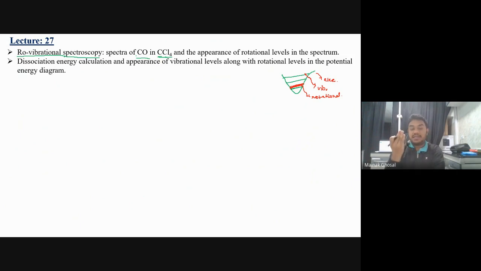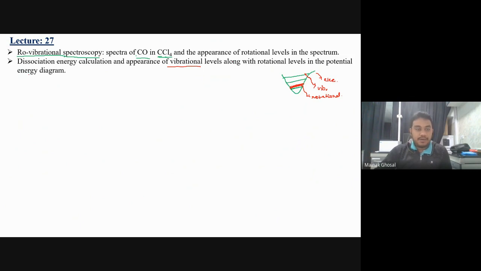Just like that, if you are analyzing vibrational spectra, there is definitely a chance that you will get rotational lines. The appearance of these rotational levels in the spectrum was also discussed in terms of rovibrational energy. And then there was a discussion on dissociation energy, and on the appearance of vibrational levels along with rotational levels in the potential energy diagram, which I have shown you here.